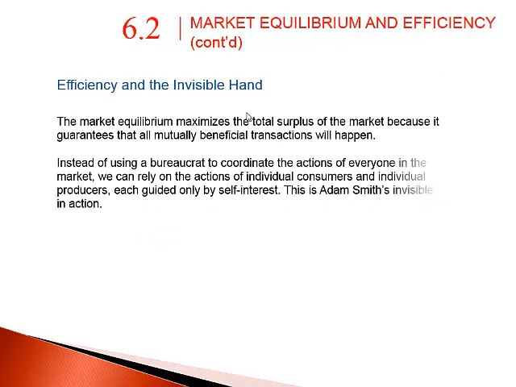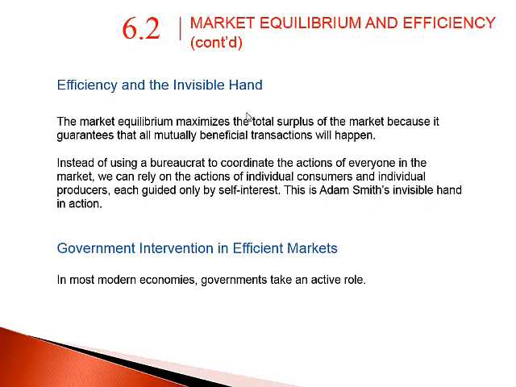Efficiency and the invisible hand. This is one of my favorite things. It's from one of my favorite economists, the father of modern economics, Adam Smith. And he said that the invisible hand essentially is this market regulator that we don't see. And what it does is it lowers prices or raises prices, specifically lowers them when there's too much surplus.